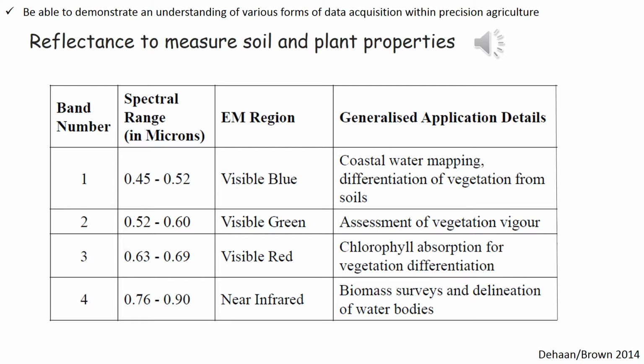So you can see how it all ties together now with respect to wavelengths, the length of wavelength, which is your spectral range, the electromagnetic region to which that applies, which is the colour that is reflected, how this information is measured or identified by an individual band number, and what this information tells us with respect to objects on the ground: each band differentiates particular objects, whether it be water, soil or vegetation.